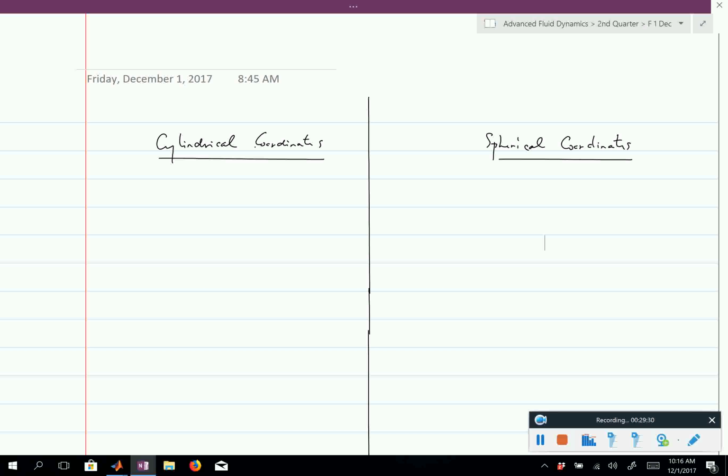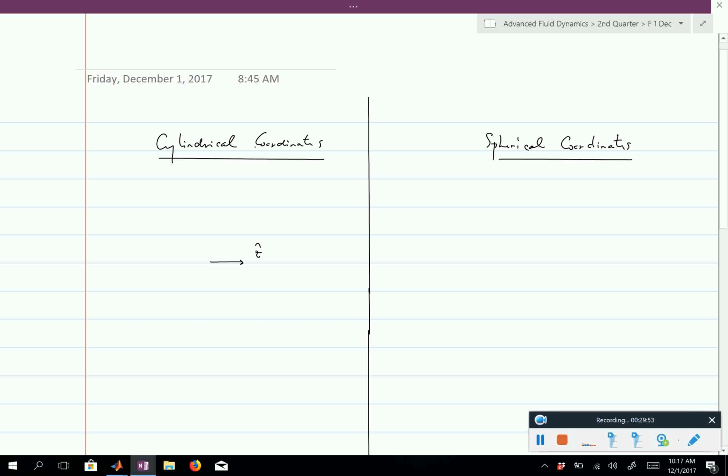And so for cylindrical coordinates, you'll see, and now I'm going to put my z-axis. Usually you have the z-axis pointing up, but now I'm going to put my z-axis pointing to the right, and the flow is going to come from the left. Okay? So just so we agree on notation, z is going to be here. So I have x.